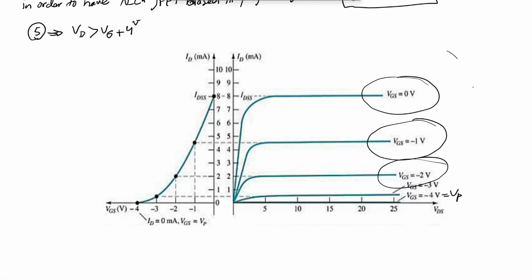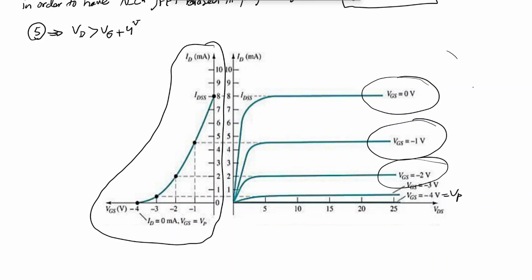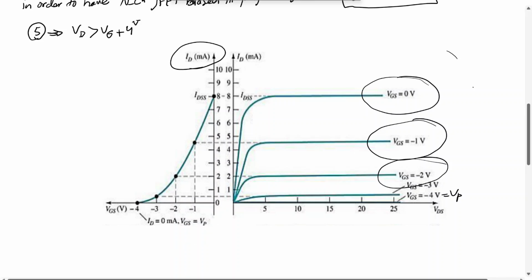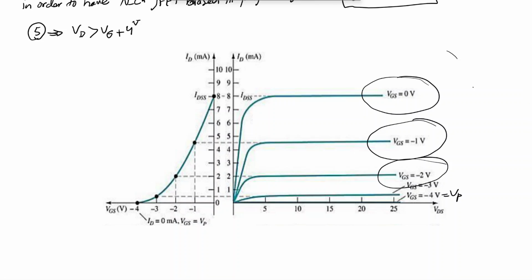And of course, for another view is the ID versus VGS. So what we expect is the highest ID value equal to IDSS of 8 milliamp, as mentioned, happens when voltage of gate source is 0. And then as we are reducing the gate voltage so that VGS is dropping, then the current is dropping in a nonlinear fashion, as you can see.